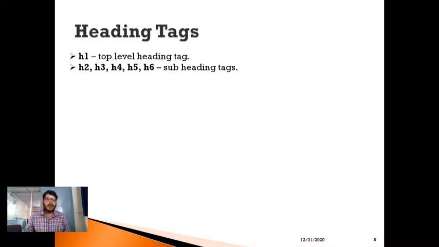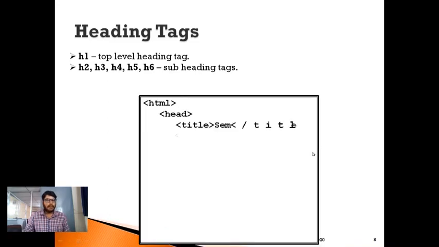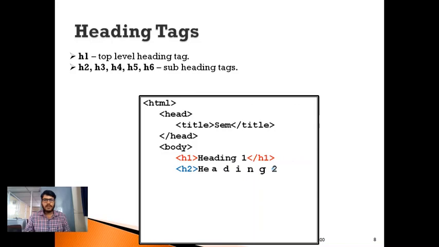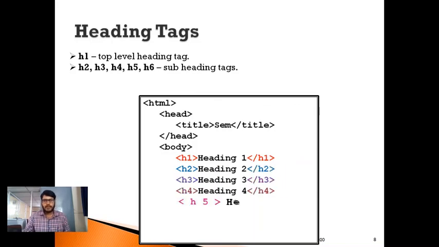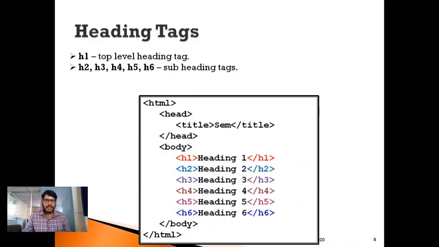So how can we use these heading tags? Let us see with a sample code here. As you can observe, in the previous session I explained how we can write a sample HTML code.